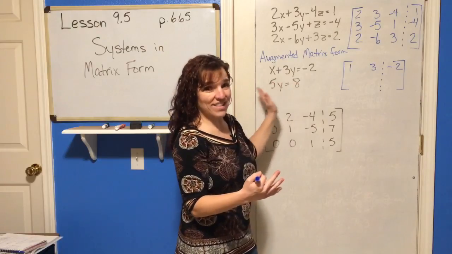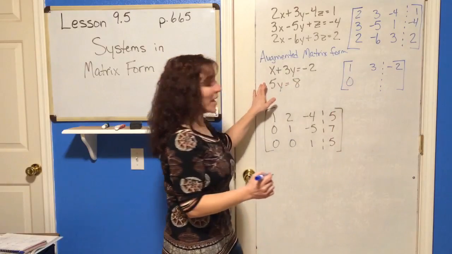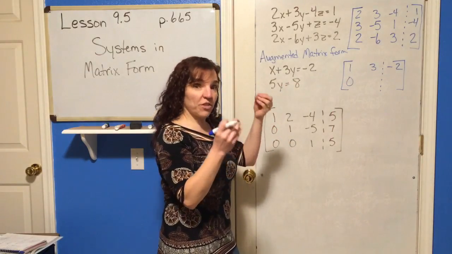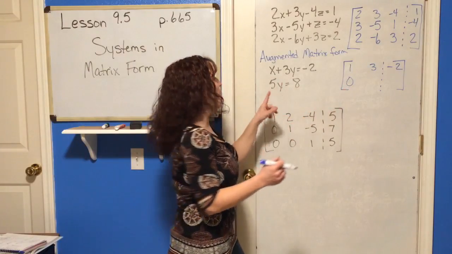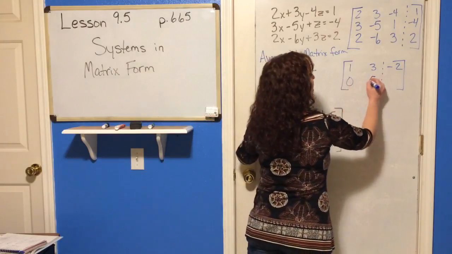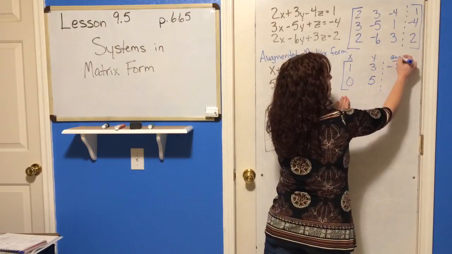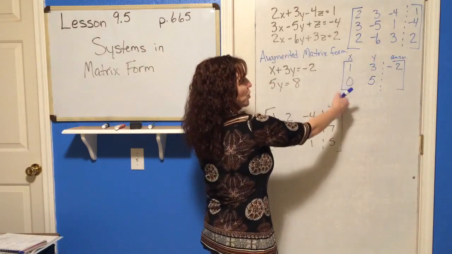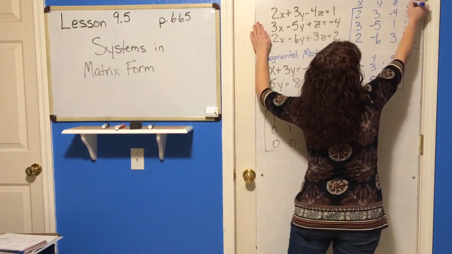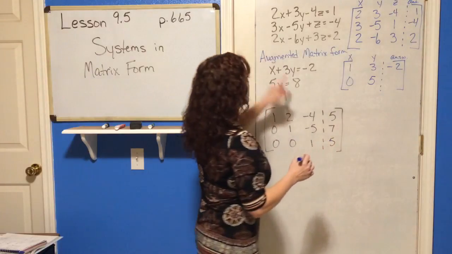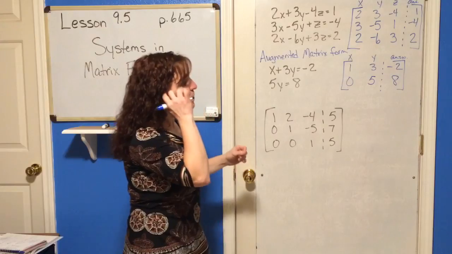But if there is no X at all represented, then your number is 0. And you have to fill in that 0 like a placeholder. So if one of the variables is not represented, you need to fill in a 0. So then the Y is 5. And it matters where it goes. So these are the X's, these are the Y's, and these are the answers. Just like in here, these were the X's, these were the Y's, these were the Z's, and these were the answers. So your answer is 8. So this is in augmented matrix form.